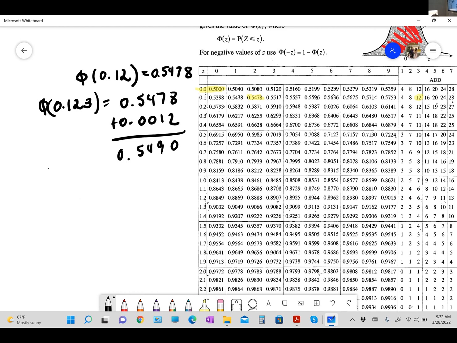Okay, so now let's look at some problems from the book, because at the end of the day, we want to be able to solve these problems.